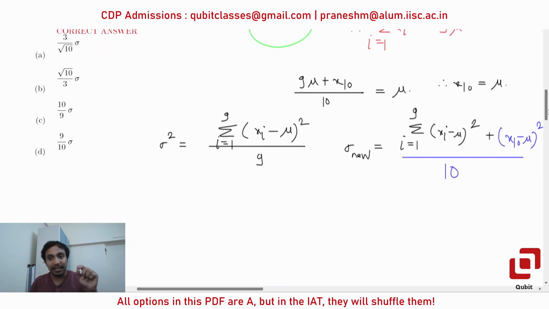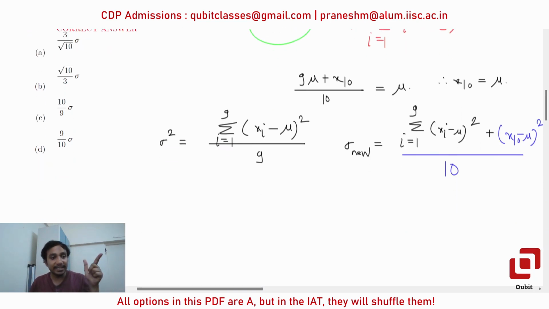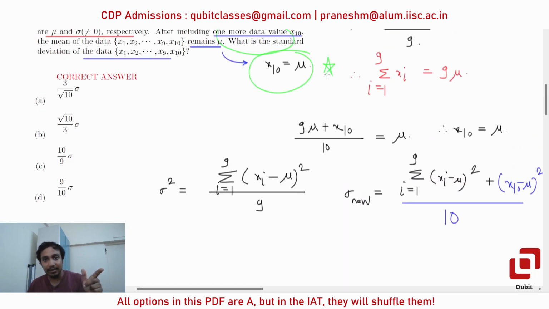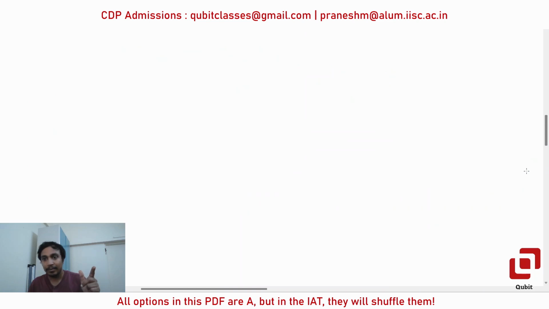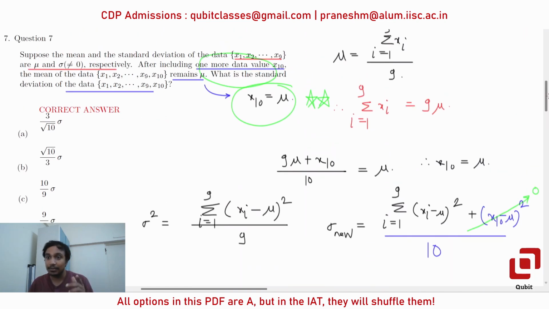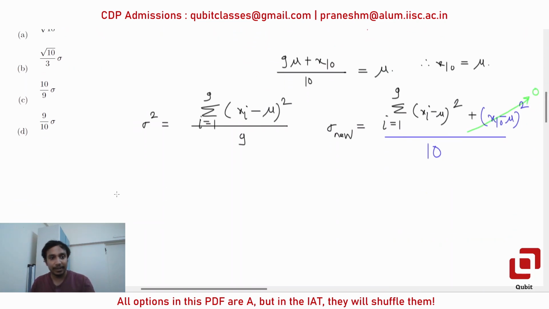But now if you see, because x10 is equal to mu, this term becomes 0. This term becomes 0. So what do we have now? We therefore have 9 sigma squared from this first case equal to 10 into, sorry, should have squared it, sigma nu squared.